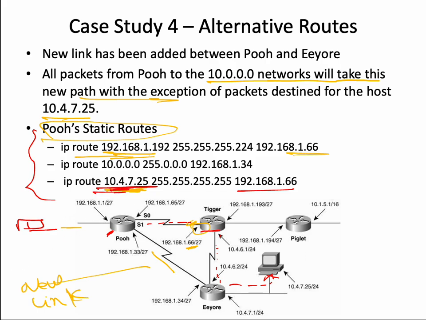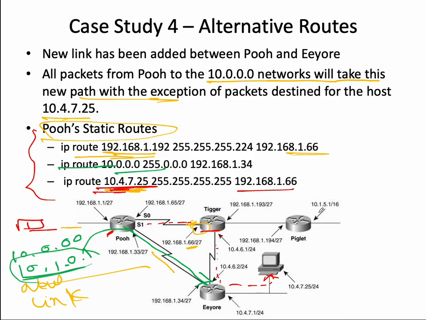But all other networks' traffic of 10.x, other than that, any IP in this subnet 10.0.0.0, right, or let's say 10.1.0.1, if this is the destination IP, how will it travel? It will go via this way, and then it will look into the routing table here, right?